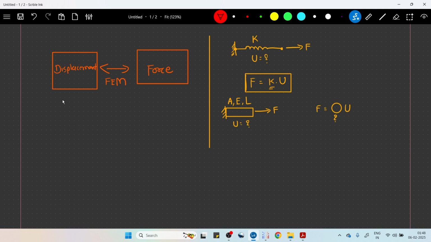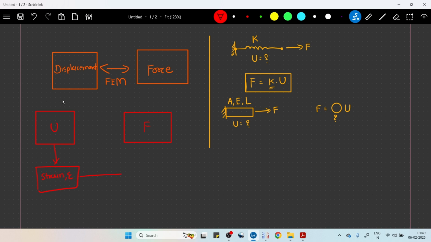Generally this relationship is not so direct. Though it looks direct, it is not direct. Generally it is something like this. If I denote displacement as U and force as F, from displacement we can find the strain using the strain displacement relation.